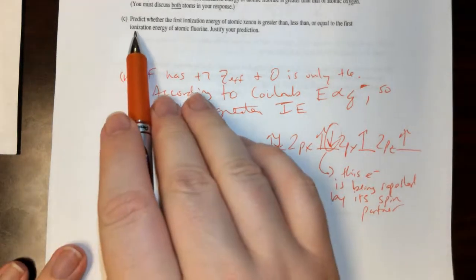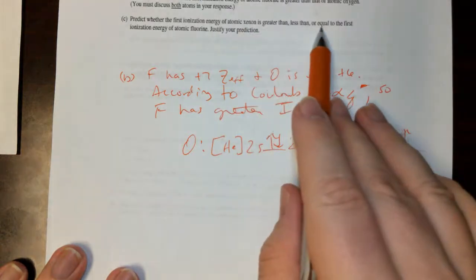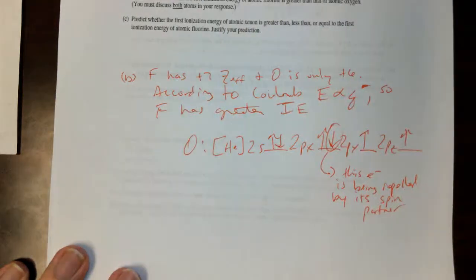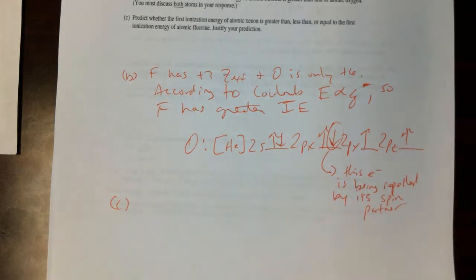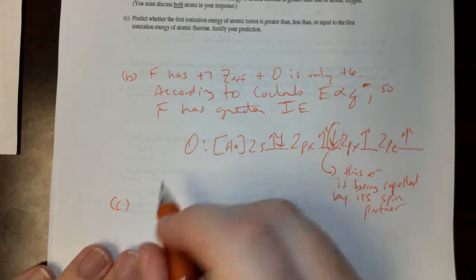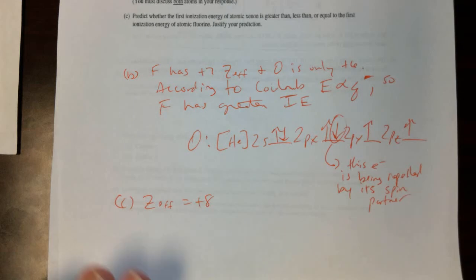All right, so C part, predict whether the first ionization energy of atomic xenon is greater than, less than, or equal to the first ionization energy of fluorine. So I've always had a very difficult time with this particular question because xenon is way down the periodic table. And so the effective nuclear charge of xenon is +8.